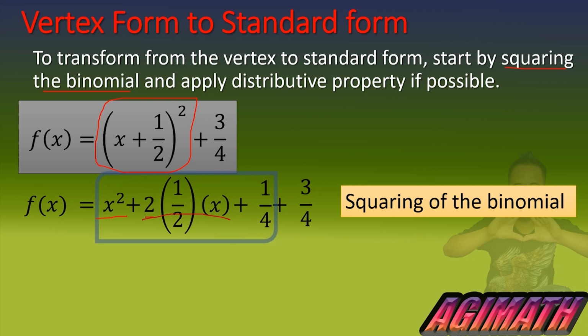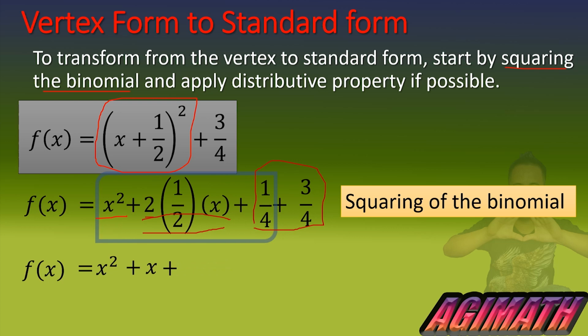So if we are going to look at this one, we can simplify this part. We can also simplify these two terms because they are both constants, and then we can multiply 2 by 1/2. So we will have f of x equals x squared plus 2 times 1/2, that is equal to 1, times x, that is 1x or x, plus 1/4 plus 3/4.